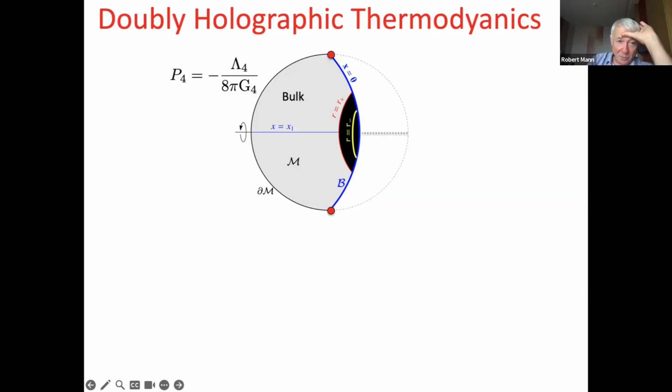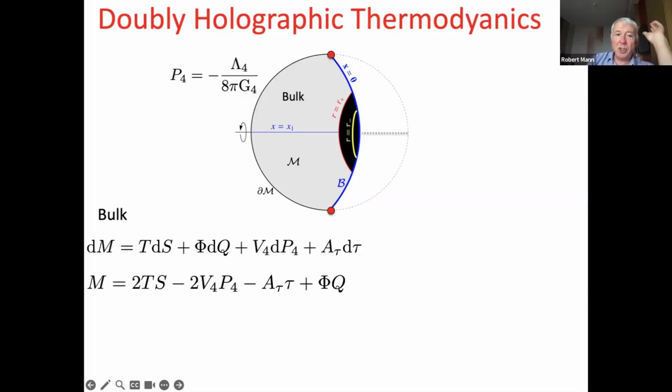Remember, lambda is negative for ADS, divided by the 4-dimensional G. And you can show that you get bulk equations, the bulk first law and a bulk Smarr formula, where this parameter here is related to the tension of the cosmic string and its conjugate variable here. And likewise in the Smarr formula, where we've got the pressure volume term.